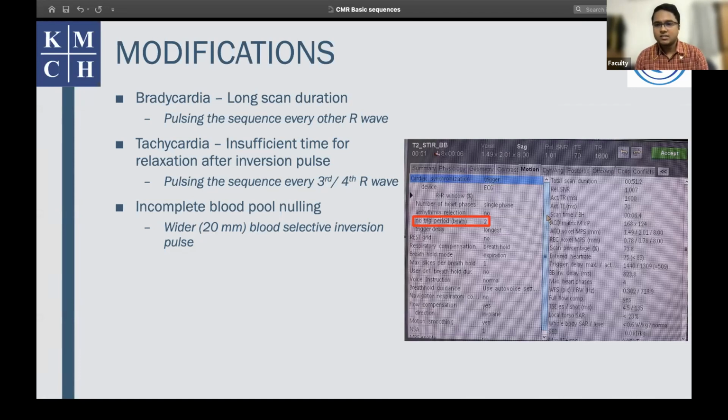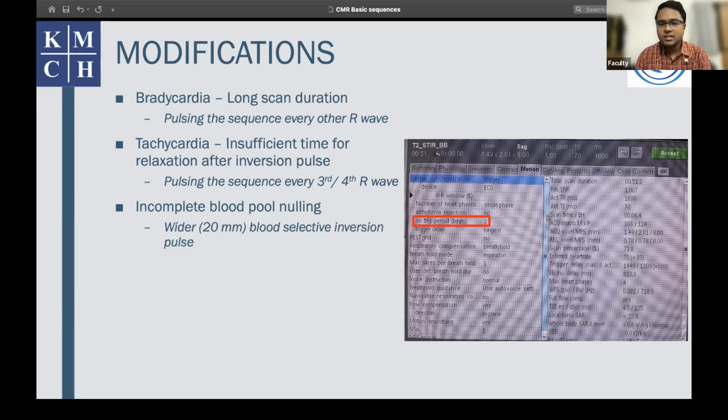So suppose the heart rate is low and the RR interval is longer, you can pulse it every single RR interval rather than 2 RR intervals, thereby reducing the scan duration. The opposite also holds true.